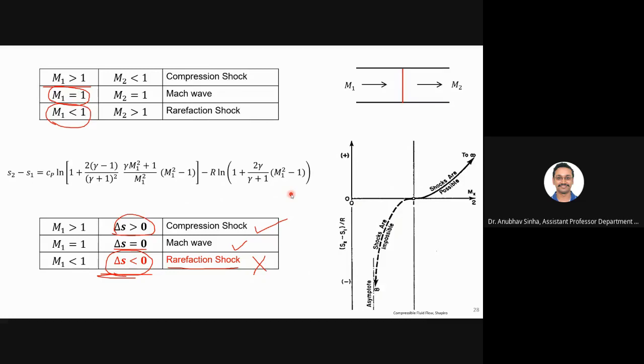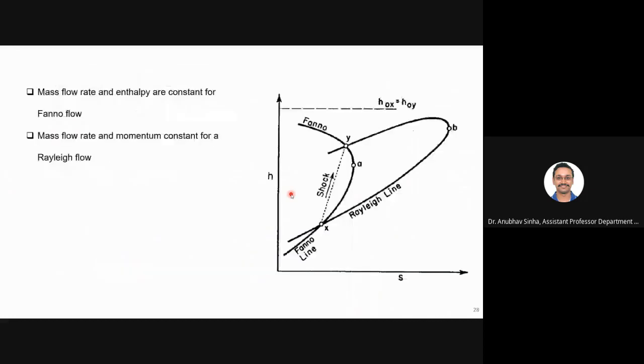Now let us look at another interesting thing. In the last chapter we studied Fanno flow, the Fanno line and the Rayleigh line. Can anyone tell me what the Fanno line is about? Friction. Fanno flow is friction. Friction is something that is allowed, but the basic idea for a Fanno line is that it involves no heat transfer.